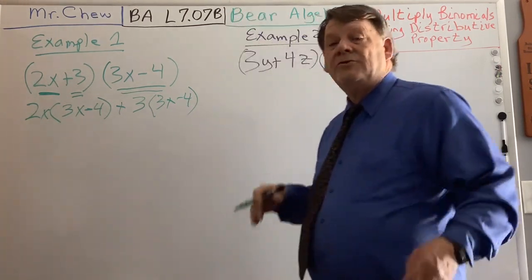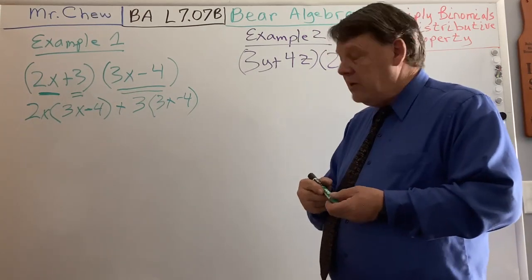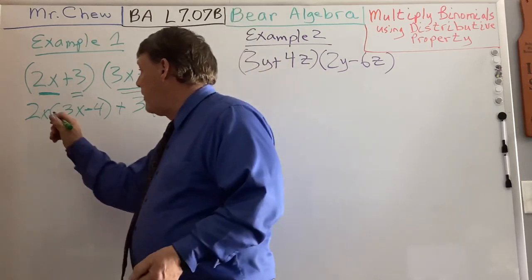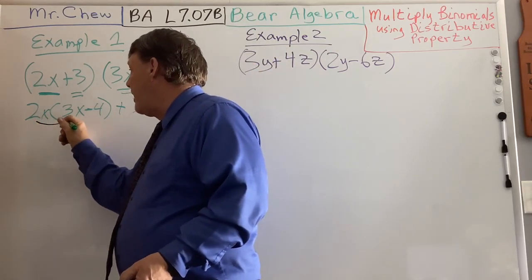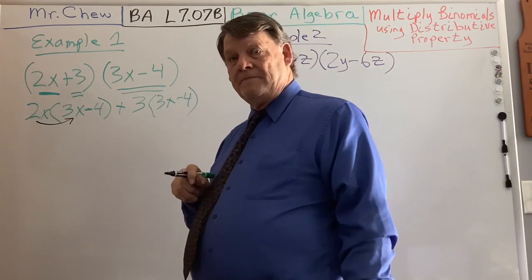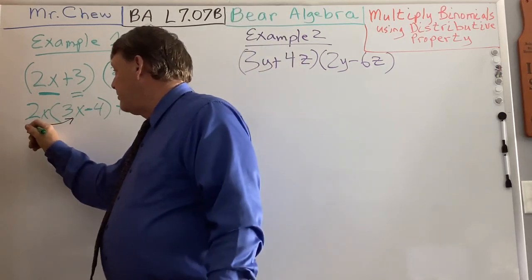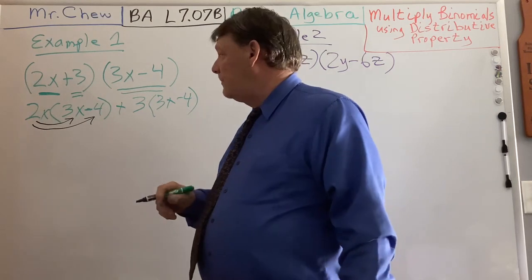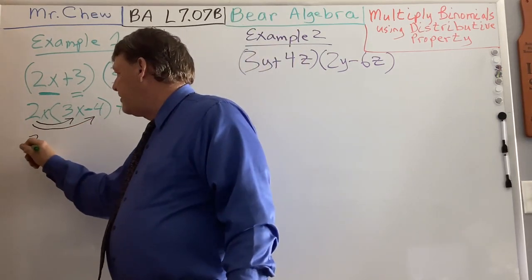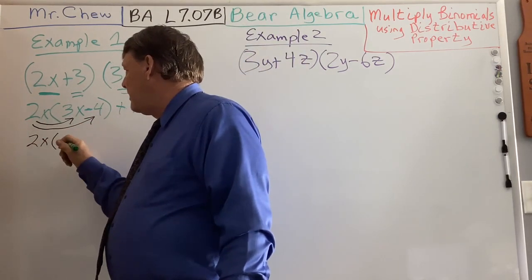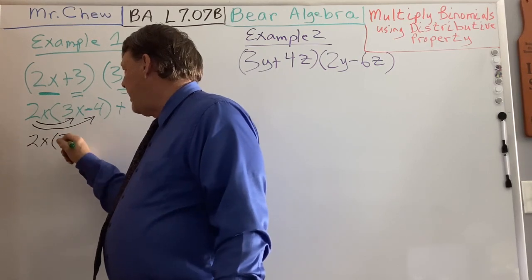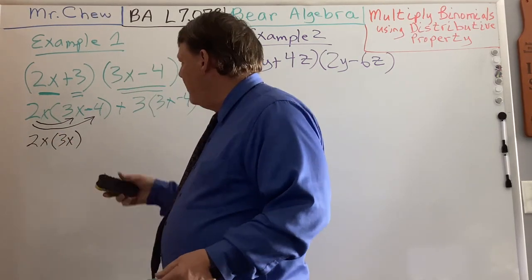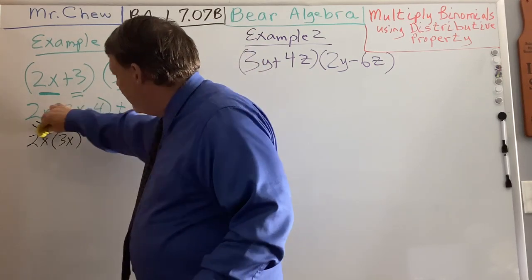All right. So now, if you remember, the distributive property means that I'm going to take the 2x and multiply it by the 3x, and then I'm going to take the 2x and multiply it by the minus 4. So I have my 2x times 3x. And just so that it shows up a little better, let me use a different color here.